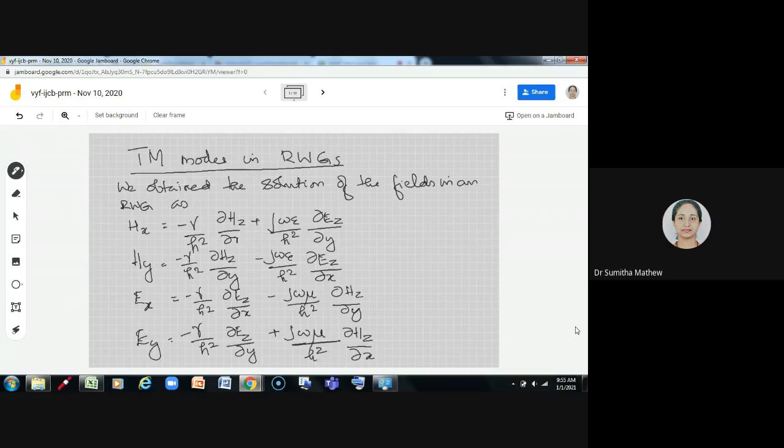Now that we have seen how we can classify the fields into two groups, TE waves and TM waves, the same thing we are applying to rectangular waveguides also. For parallel plate waveguides, we have only one set of boundary, that is top and bottom. Whereas for a rectangular waveguide, you have added one more set of boundary, that is you have enclosed the wave in a rectangular pipe-like structure.